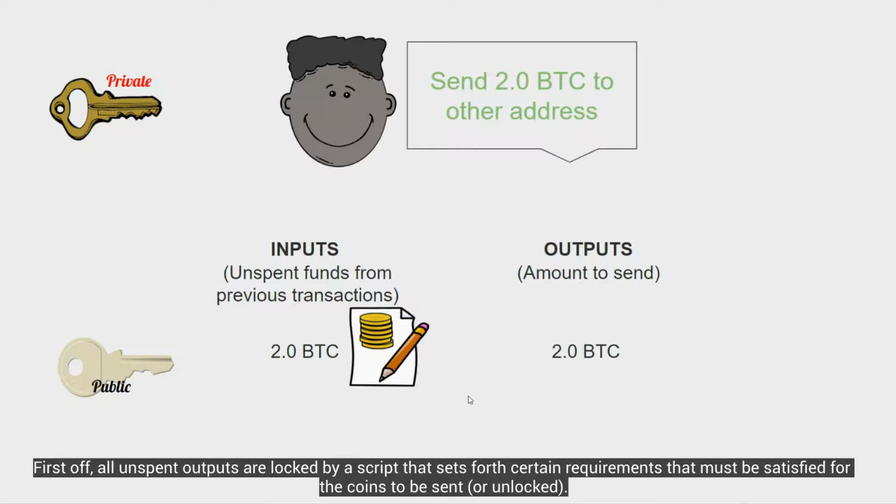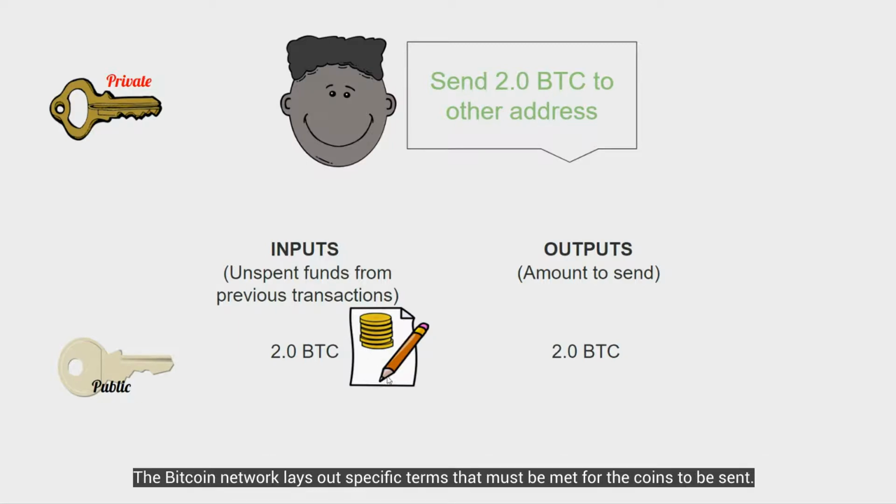So first off, all unspent outputs are locked by a script that sets forth certain requirements that must be satisfied for the coins to be sent or unlocked. That's what this represents. This represents the Bitcoin network laying out certain terms that must be met for this Bitcoin to actually be sent.